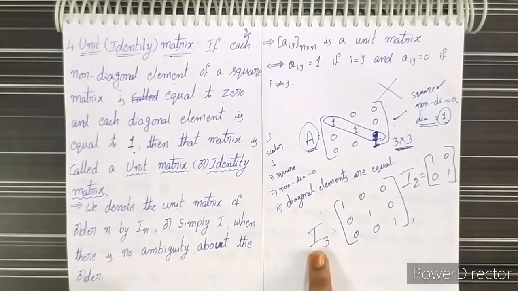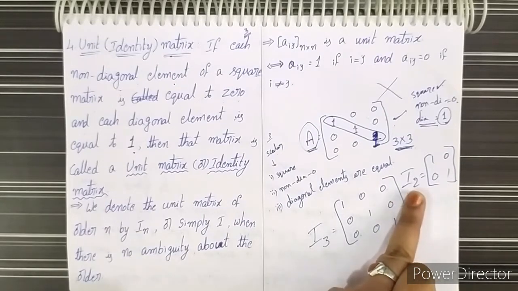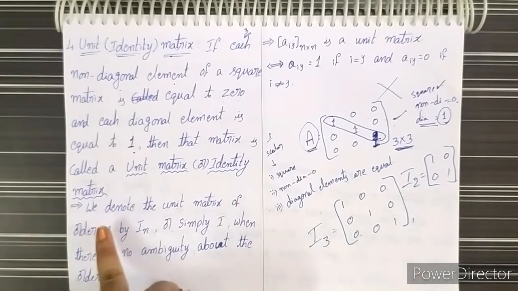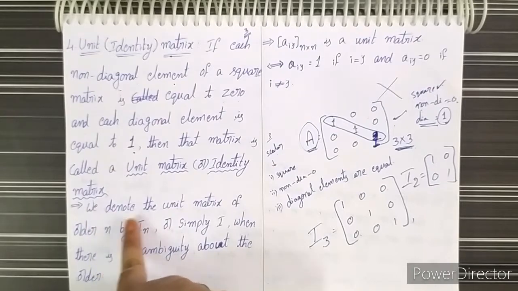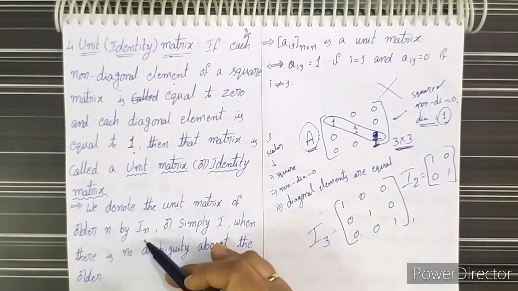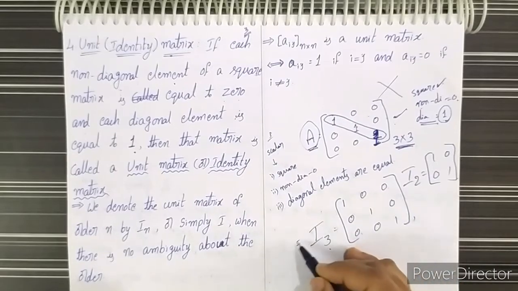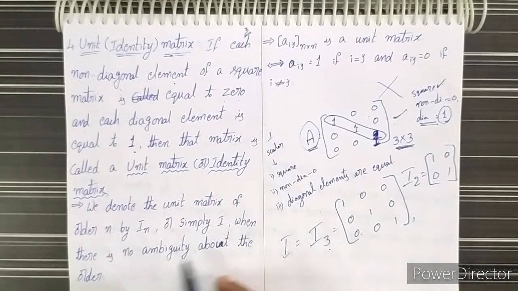These are the unit matrix of order 3 and the unit matrix of order 2. We denote the unit matrix of order n by In. If the order of a matrix is n, then it is denoted by In, or simply I when there is no ambiguity about the order.